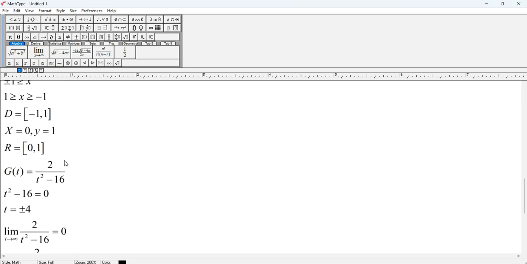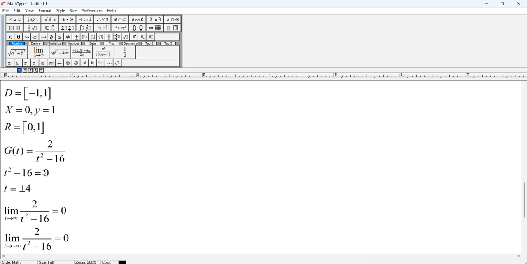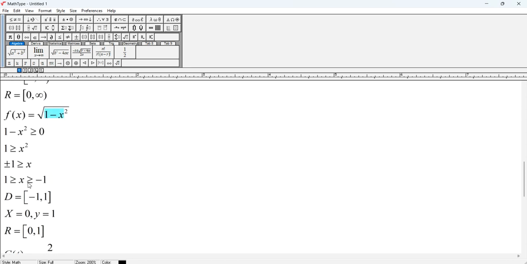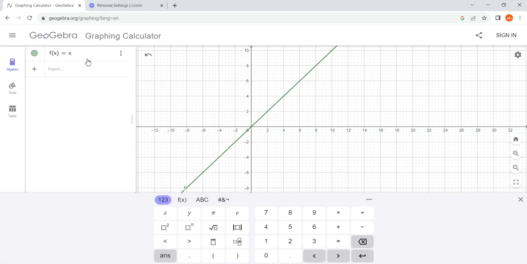Let's make sure this answer is correct. Let's move to GeoGebra. This application is called GeoGebra, and it shows you the graph of any function.